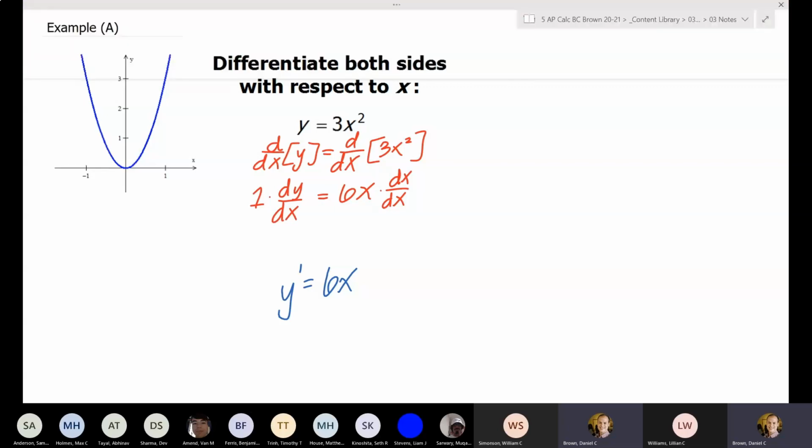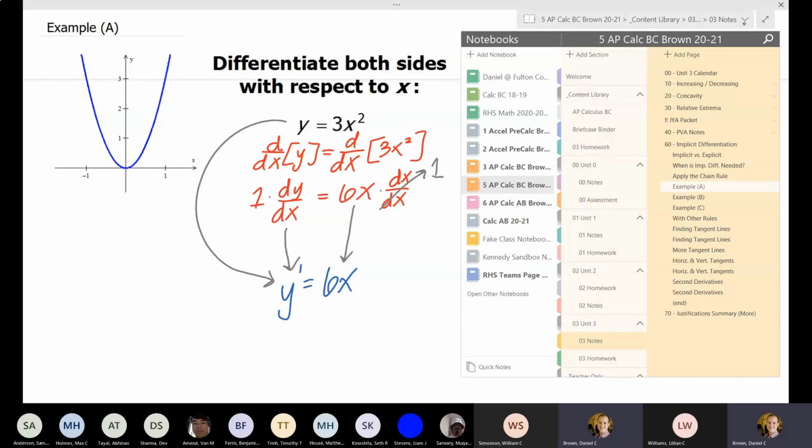Well, d dx, that's just going to give you a 1, and that's where the 6x is coming from. Well, 1 times dy dx, what's another way of writing dy dx? Writing dy dx is the same thing as saying y prime. So you have technically in some ways been doing implicit differentiation, you just didn't realize it because we were just jumping straight to the answer without showing all those middle steps because they're not necessary.